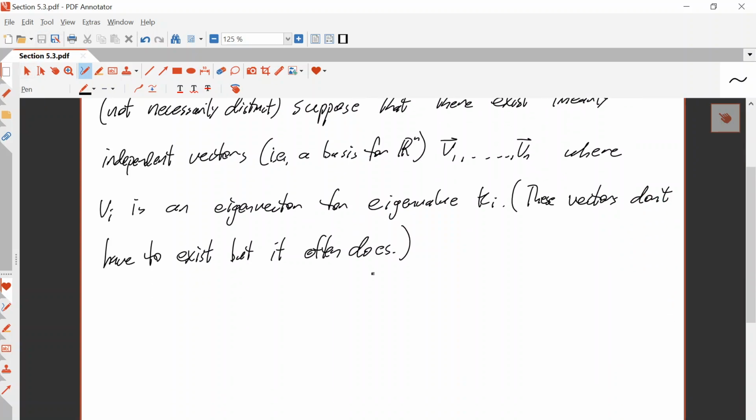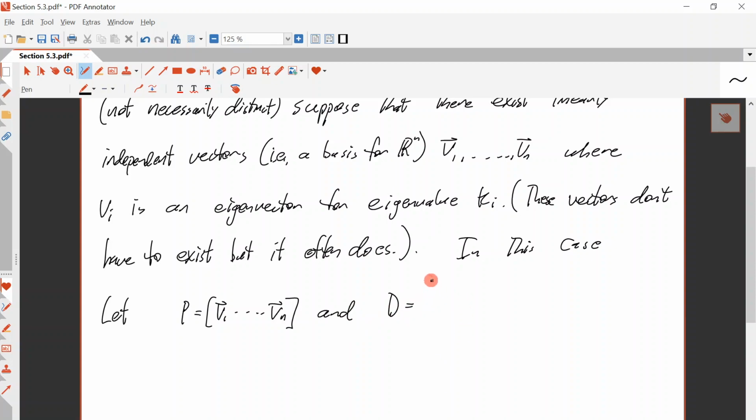All right, in this case, let P be the n by n matrix whose columns are v1 to vn, and let D be the following matrix.